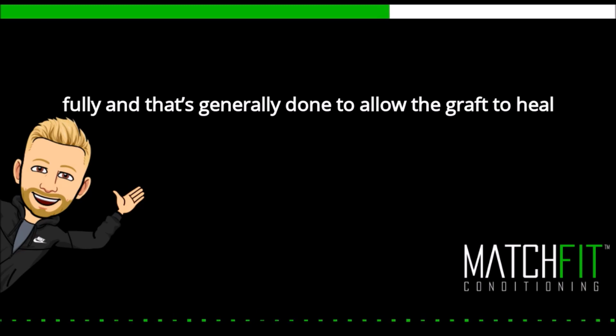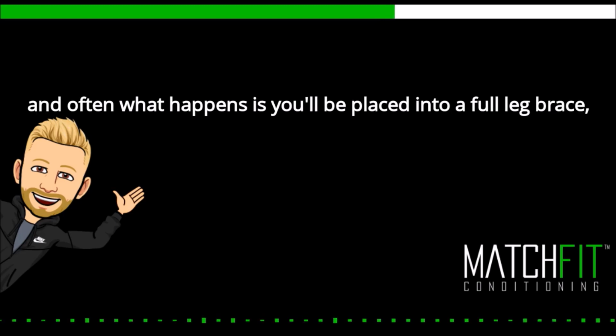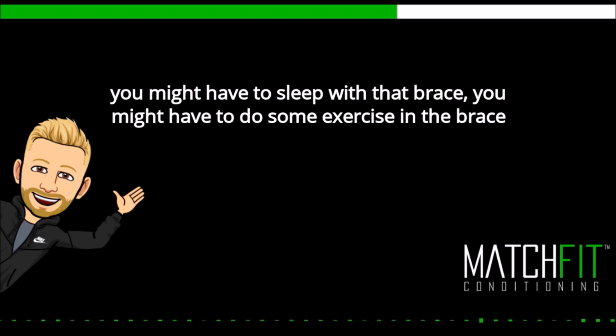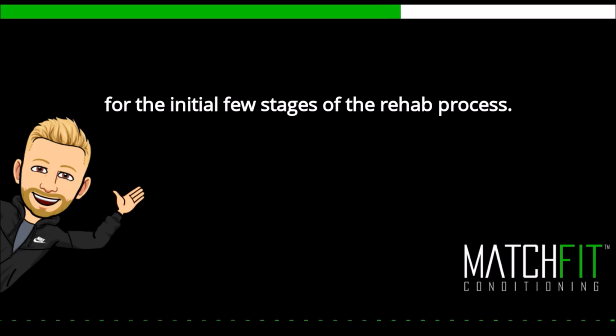That's generally done to allow the graft to heal, and obviously manage the incision sites. Often you'll be placed into a full leg brace. You might have to sleep with that brace, you might have to do some exercise with that brace, and that brace is intended to limit your range of motion for the initial few stages of your rehab process.